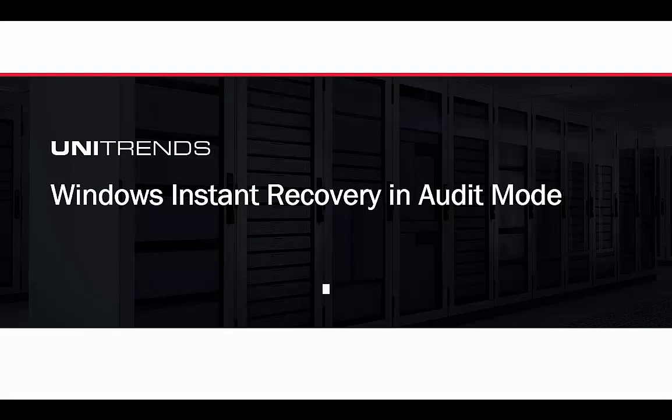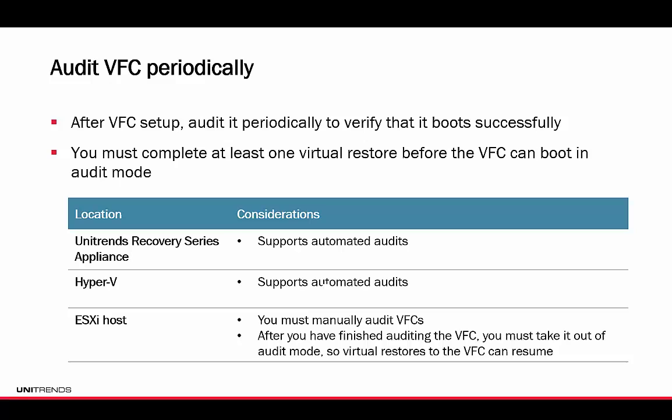When we take a look at the audit mode process for Windows Instant Recovery, once again, audit them periodically. After you set this up, once a month, once a quarter, whatever you set up, create a calendar event, start to create some sort of schedule so you're auditing whichever ones you have in here and rotating through them. You must at least complete one virtual restore.